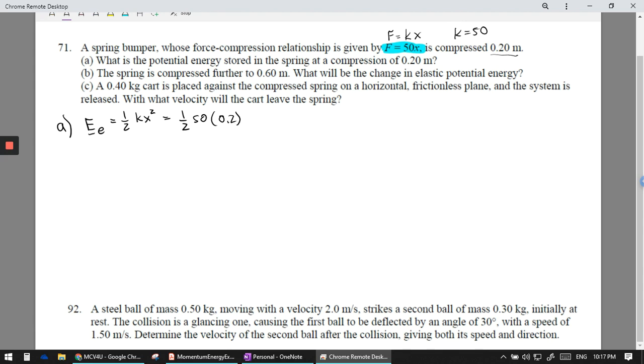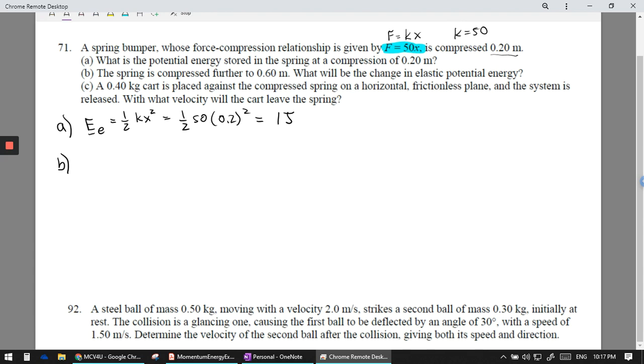After you do a little bit of math on that one, it looks like we're getting 1. That's kind of fun. 1, and the units for that would be joules. Okay, so now part B, that's how much energy is stored in the spring. It's 1 joule currently.